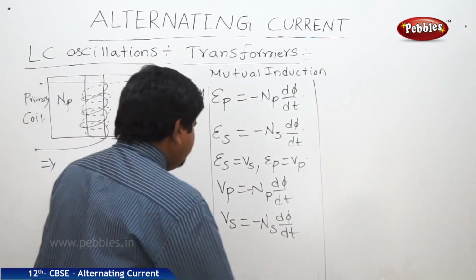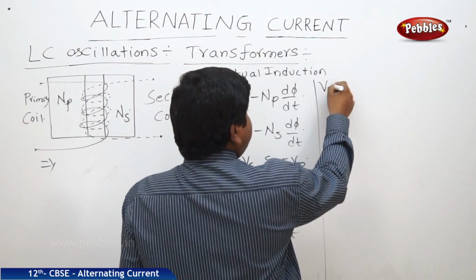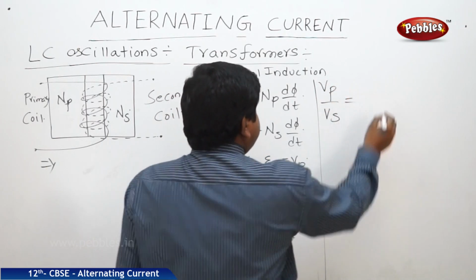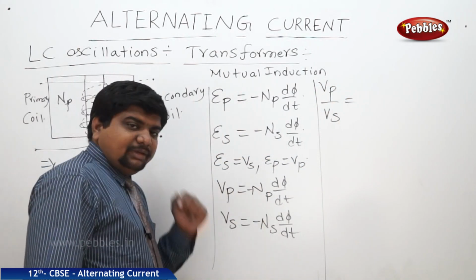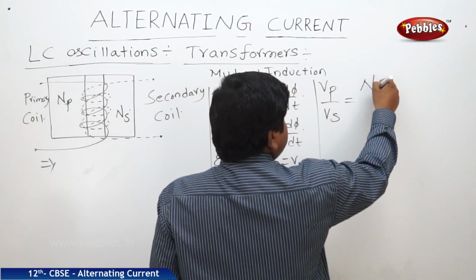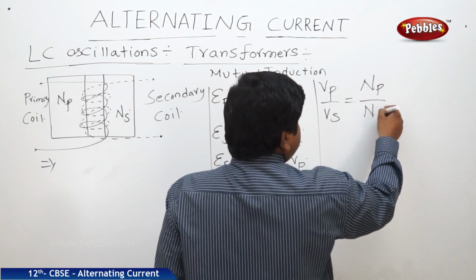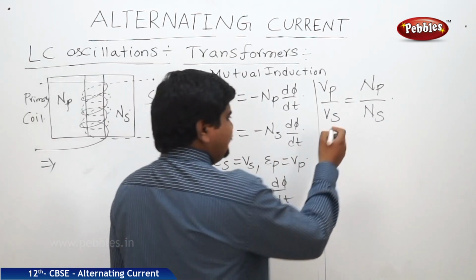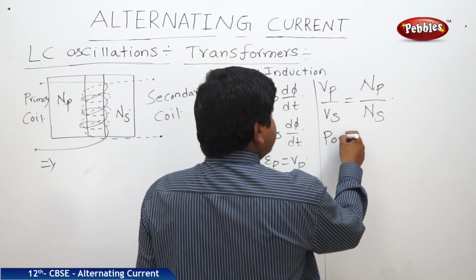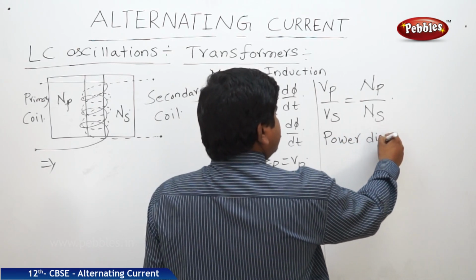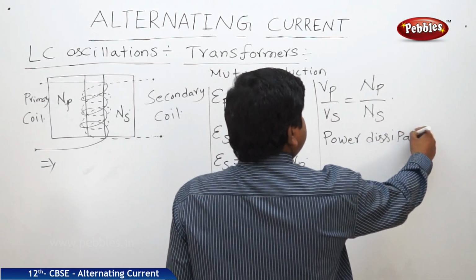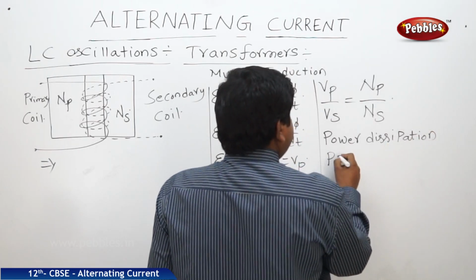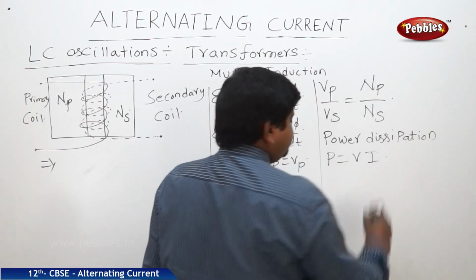Now I am going to write the equation for Vp by Vs. So what will you get, Vp by Vs? Np by Ns. So what is the power rating, power consumption, power dissipation? P is equal to VI.